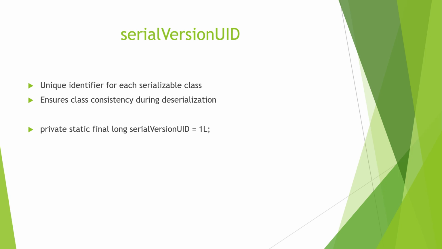Then in the last line you can see private static final long serialVersionUID equals 1L. So this is the declaration of how it is done.